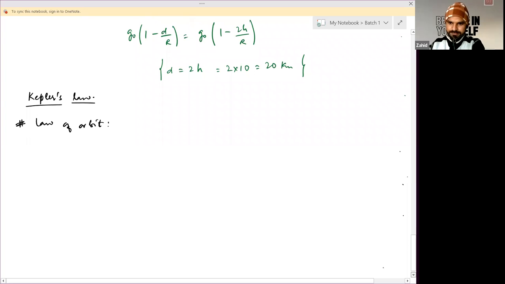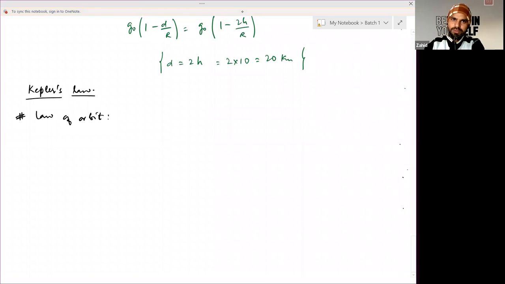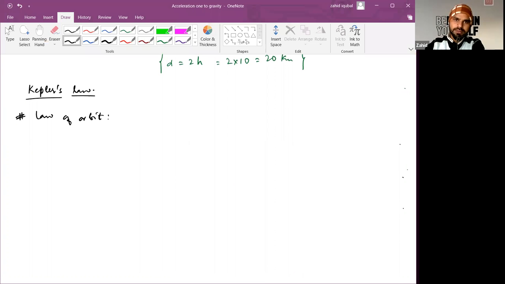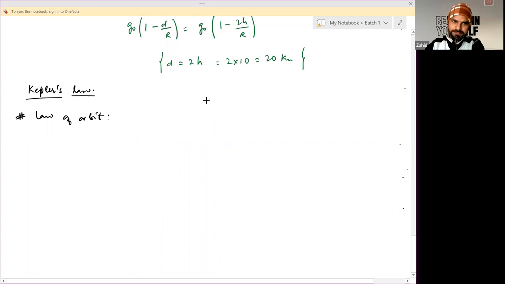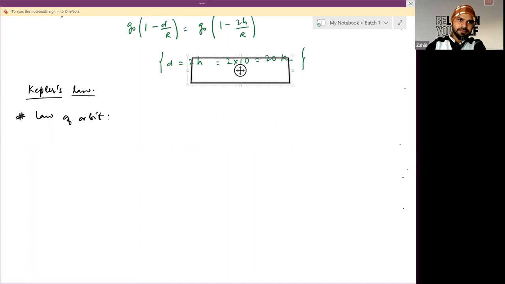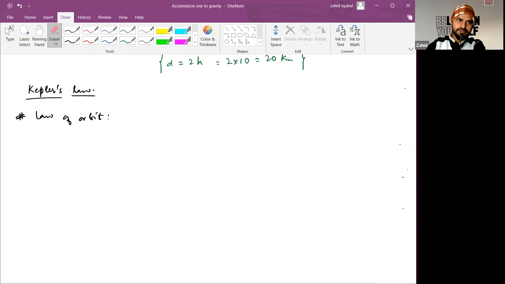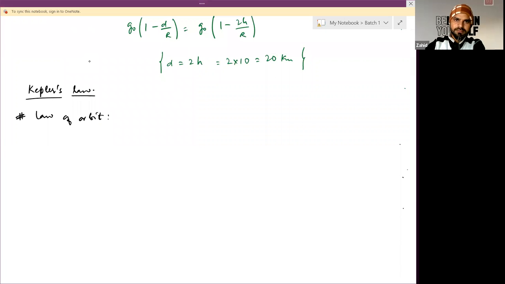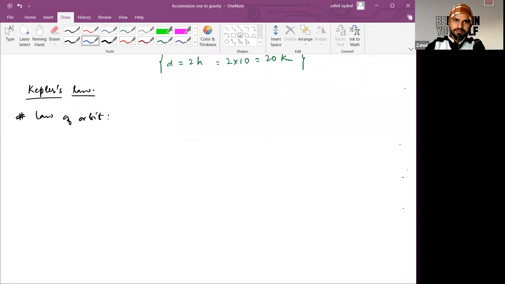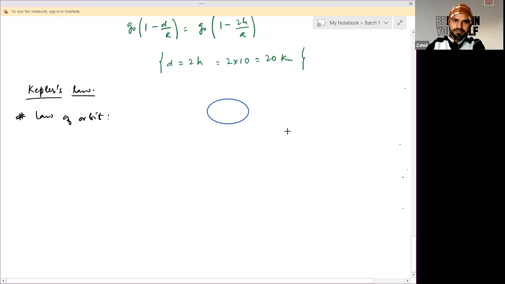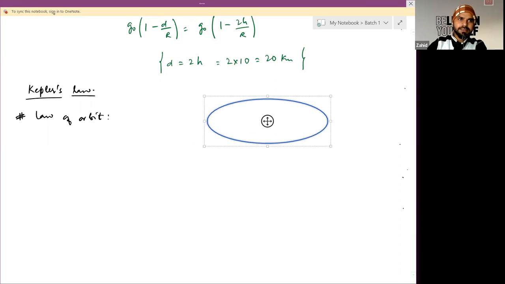It states all planets in the solar system revolve around the sun in an elliptical path, like this.